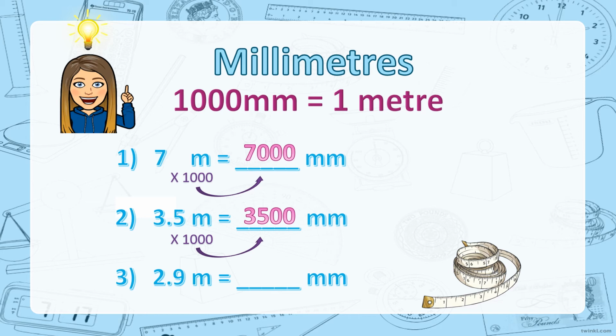How about the last one? 2.9 metres. What would that be in millimetres? Again, remember to multiply your number by 1000. Shout out the answer if you know. Well done, 2,900. You're working really well.